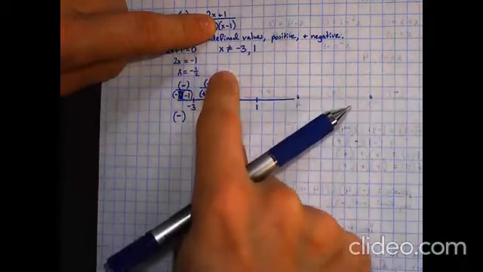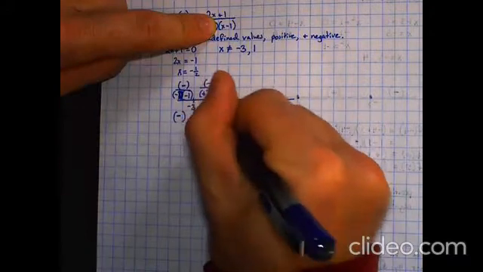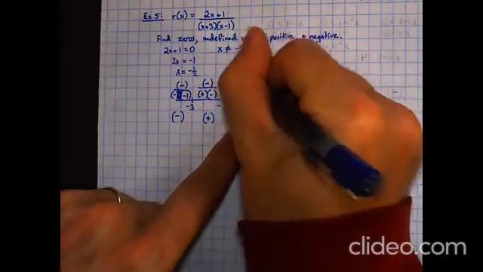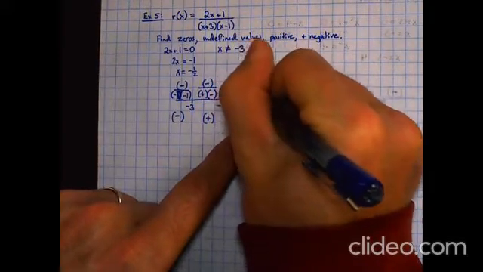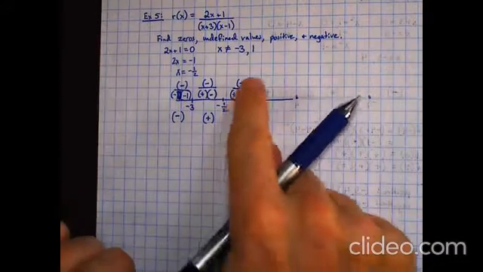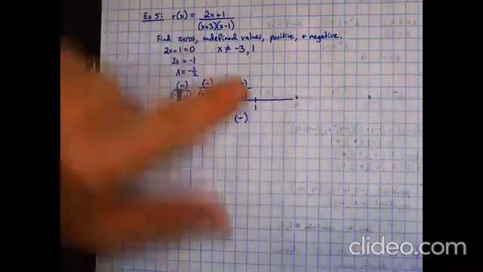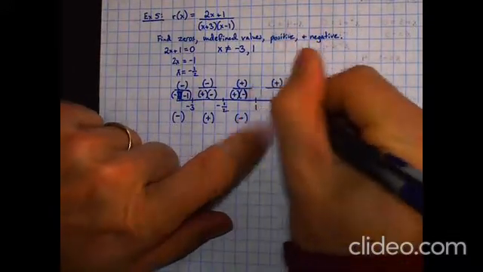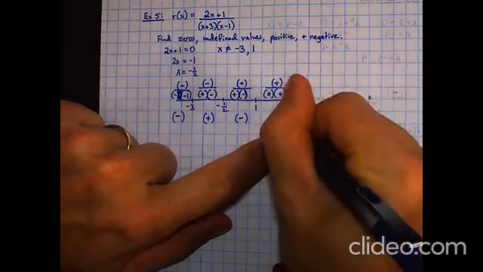So we got a negative divided by a negative, this ends up being positive. Alright, plug in 0, we got positive, positive, negative. So positive divided by negative, that's a negative. And let's plug in 2. So we'll have positive, positive, and positive. So everything there is positive.